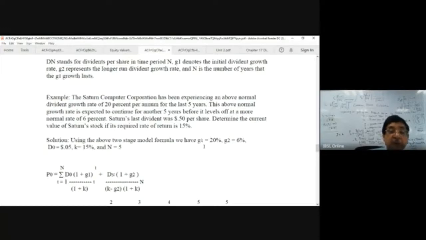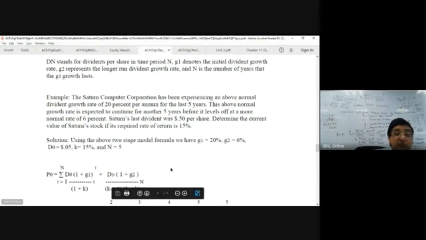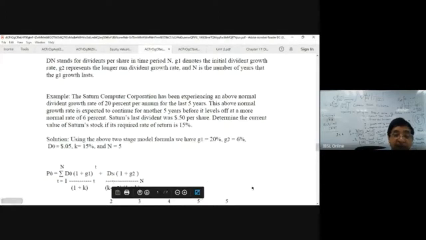But what I feel is, rather than applying the formula, we can just look at it from the point of view of a cash flow summation and getting the present values of the future cash flows. If you put it in that manner, you don't need to learn this by heart.